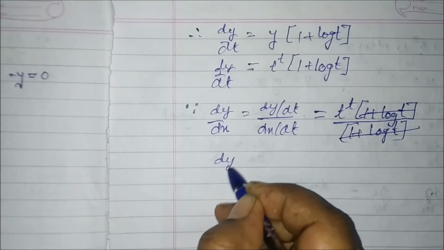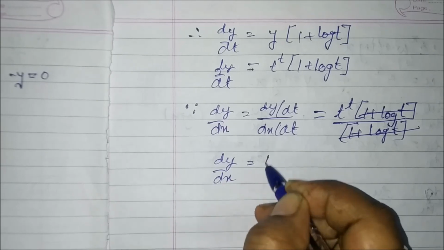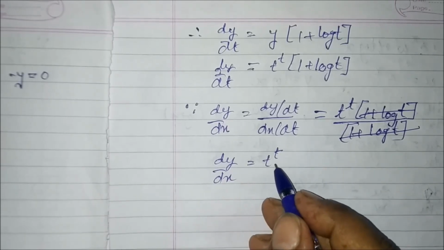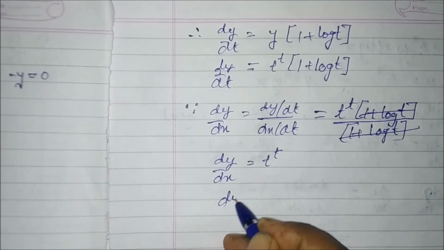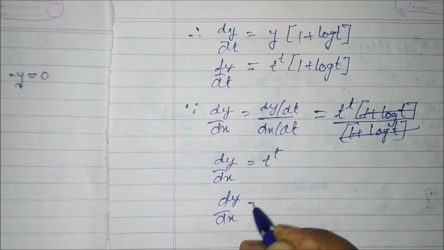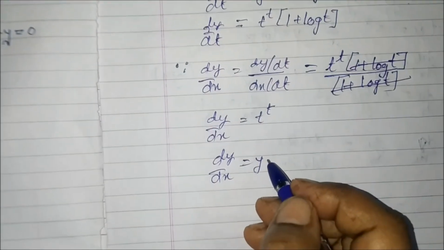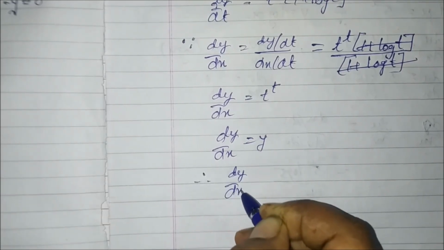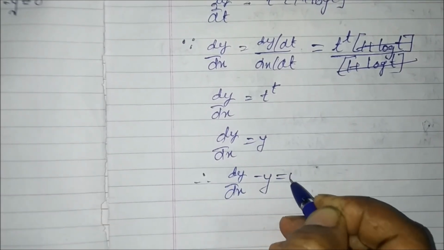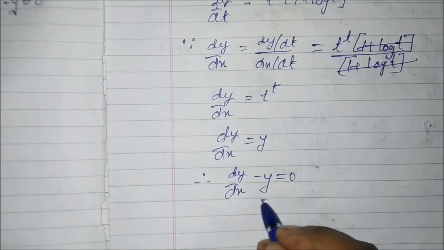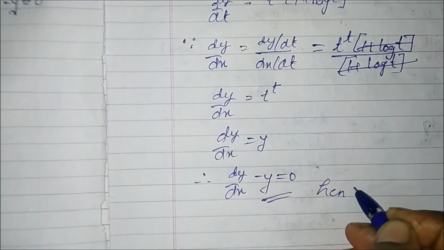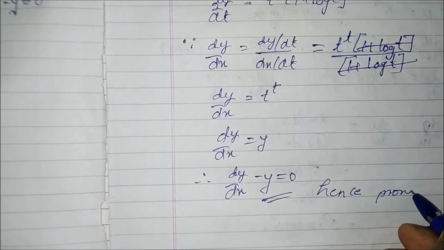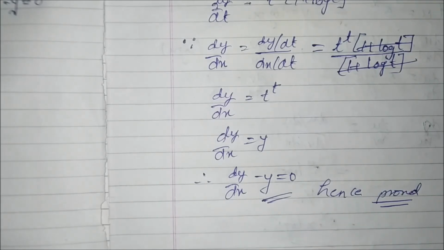So we get dy by dx equal to t raised to t, and this t raised to t is y. So we have dy by dx equal to y. Therefore, we can write it as dy by dx minus y is equal to 0. This is what we have to show. Hence proved. Okay, got it?